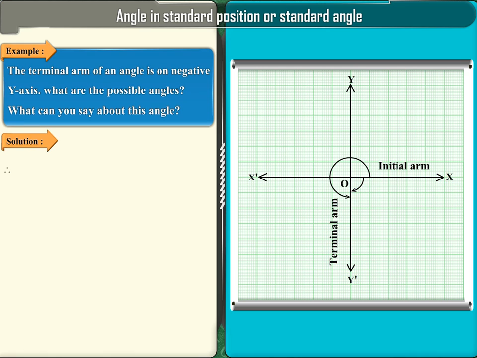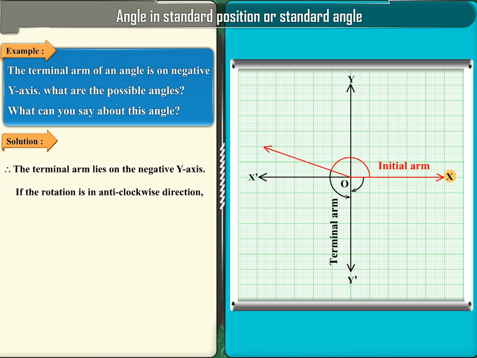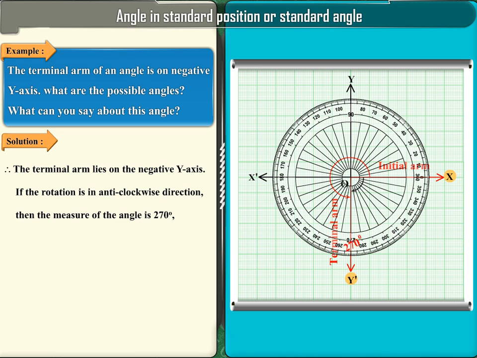Here, the terminal arm lies on negative y-axis. If the rotation is in the anti-clockwise direction, then the measure of the angle is 270 degrees.